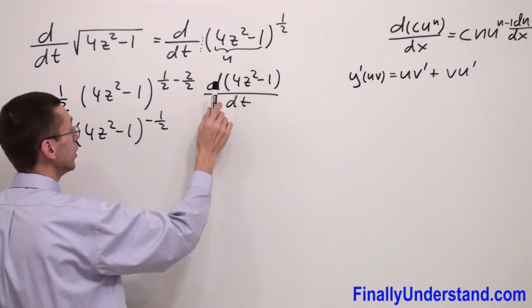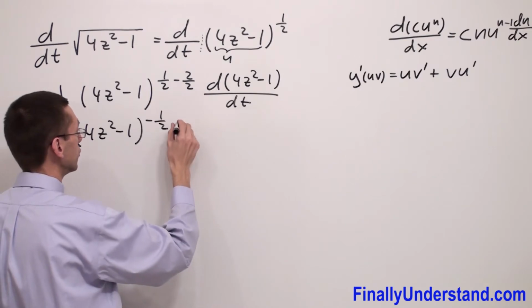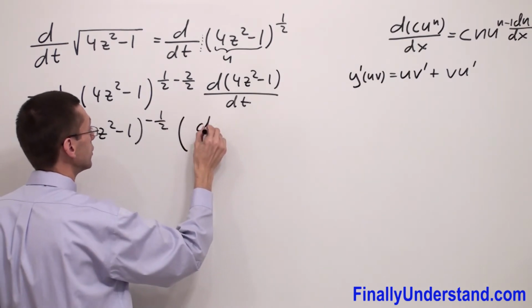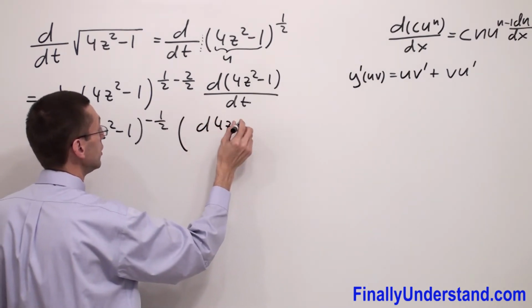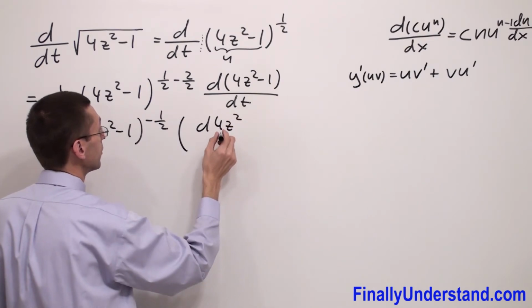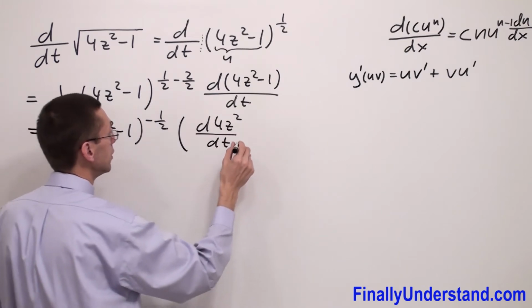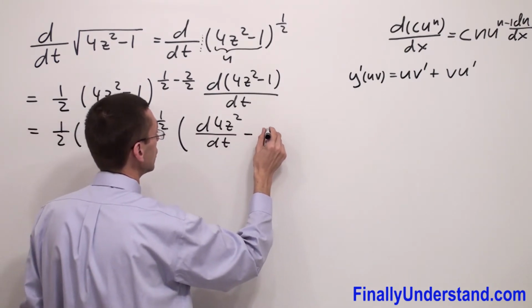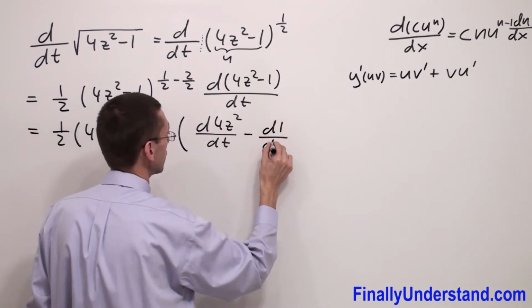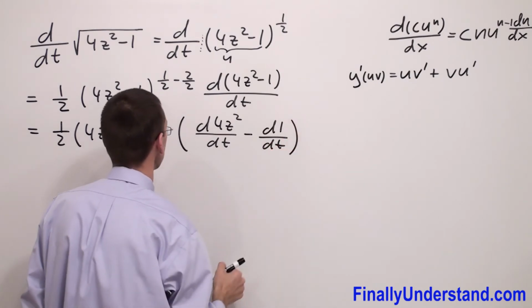So this is, let me do everything step by step, derivative of 4z squared over dt minus derivative of 1 over dt with respect to t, okay?